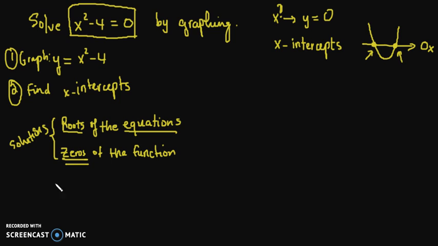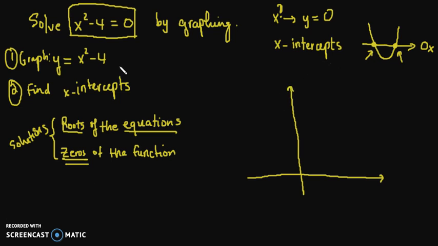Let's do a quick example. Suppose that I want to solve the equation x squared minus 4 by graphing. First I have to graph y equal to x squared minus 4. Graphing this, I know that a is positive 1, so it's concave up.